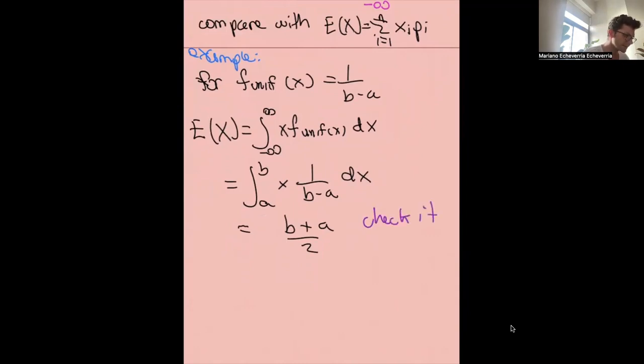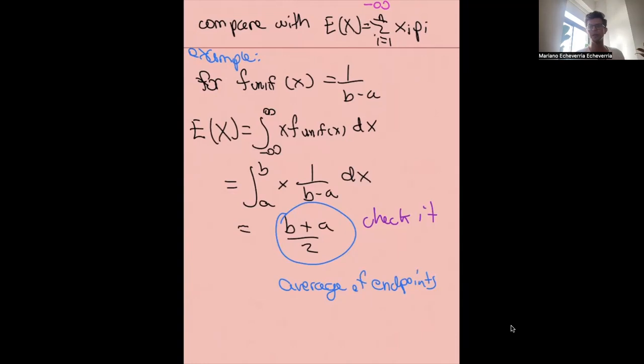It is saying that for the uniform distribution, the expected value is literally the average of the endpoints, which does make sense. Is that okay?